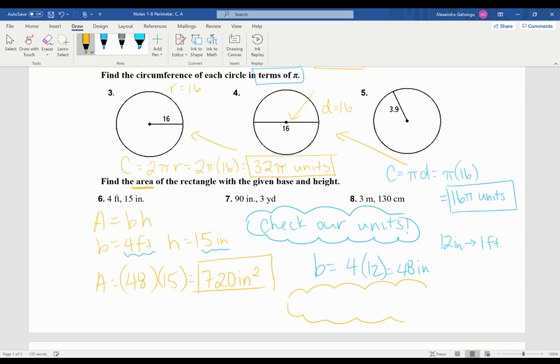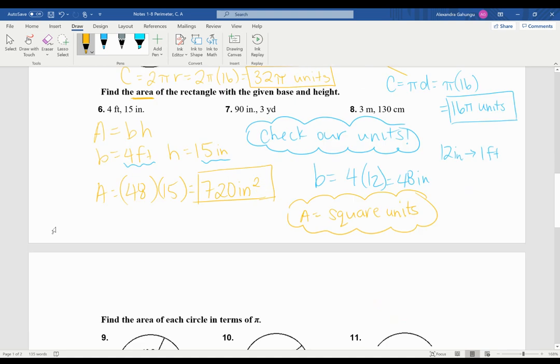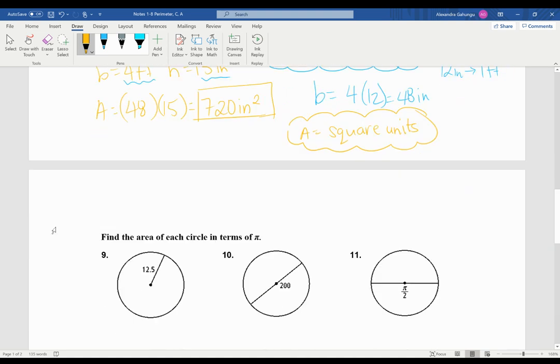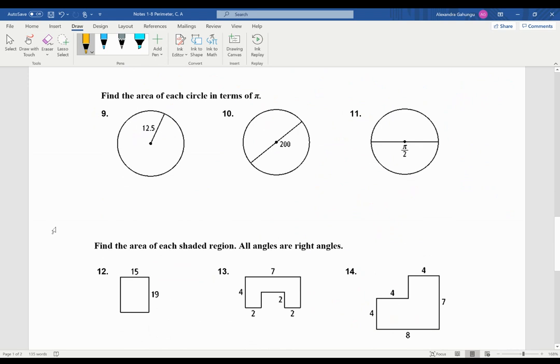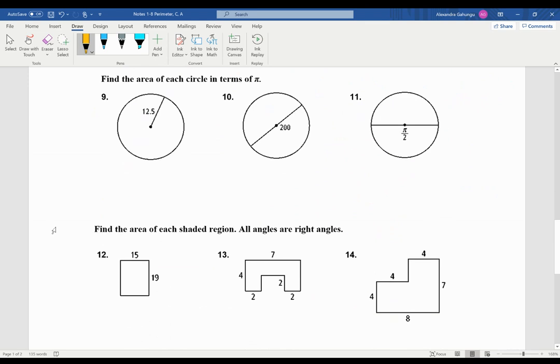One thing to also note, we check our units, and then area is square units. So in this case, it was inches squared. Last type of question you'll see, and we'll practice this in class, area of our circle.